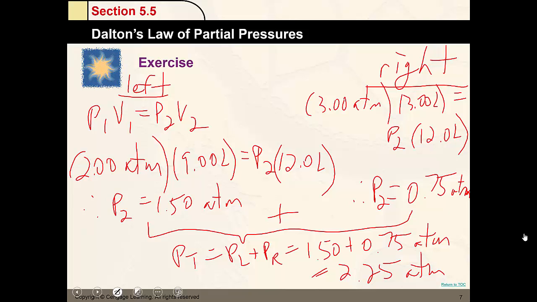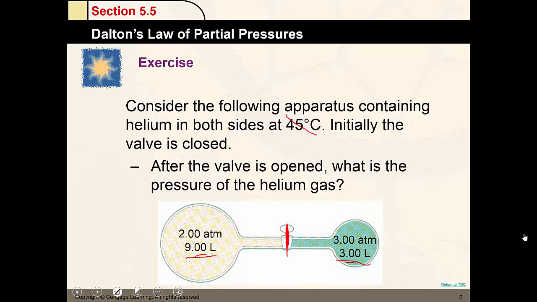Okay, so we could also calculate it using the ideal gas law, since we are given temperature. So we have the temperature, we have the pressure, we have the volume of each side. So that means we can calculate the number of moles. We can get the total number of moles, and from that, get the total pressure.